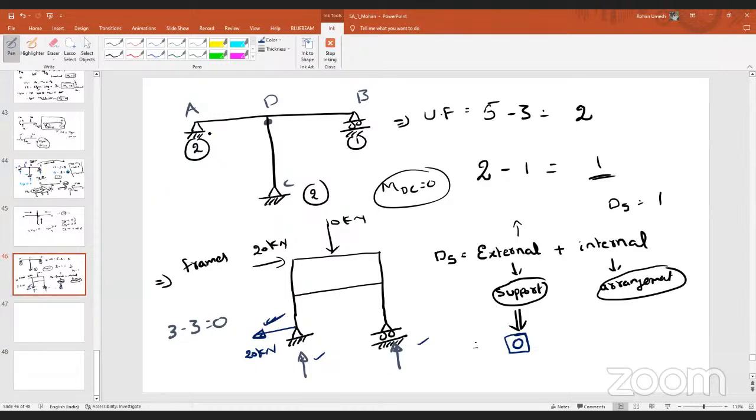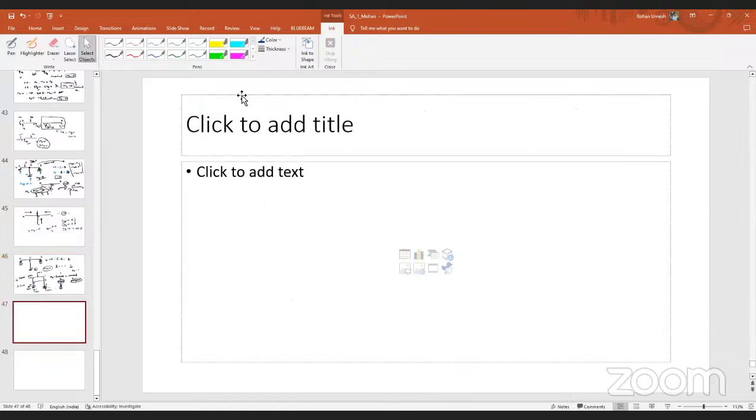Now, let's say this is A, B, C, D, E. Now let me draw the free body diagram. Let us say after solving, I got this as 5 kilonewton and this as 5 kilonewton. Let us assume it. Now, can you tell me what is the free body diagram of AB?